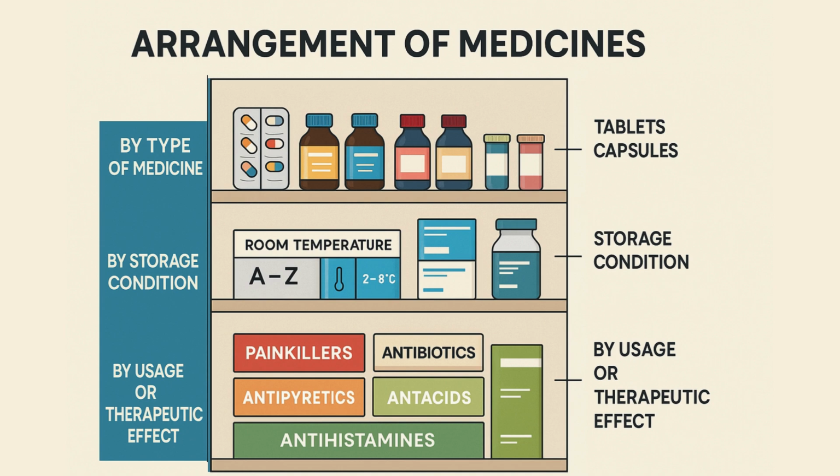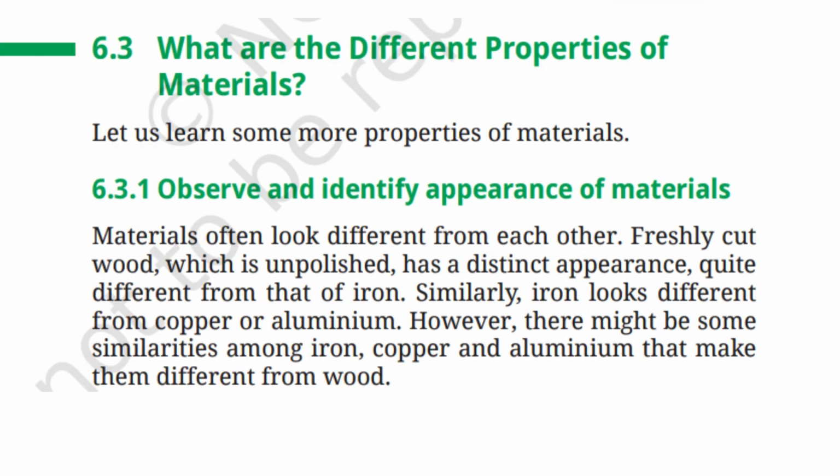Similarly, medicines are arranged by type of medicine, by storage condition, and by uses or therapeutic effects like painkillers for pain relief, antibiotics for infections, antipyretics for reducing fever, antacids for acidity, and antihistamines for allergy.